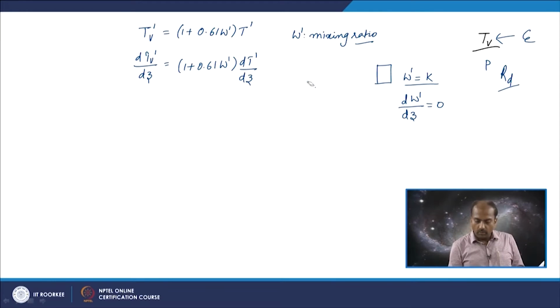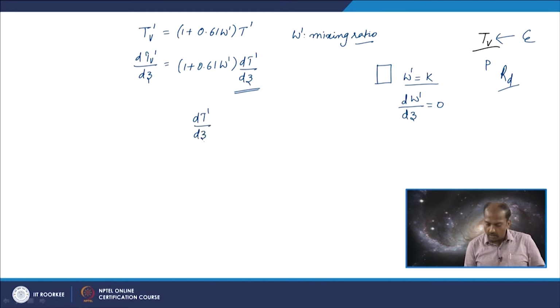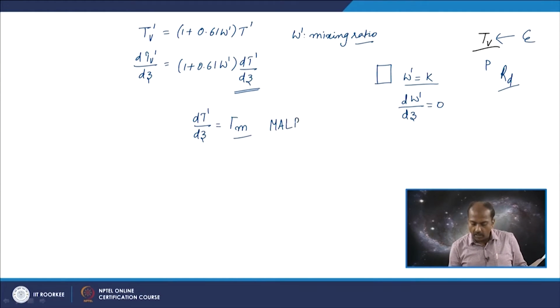So, the rate at which the temperature changes inside the parcel is 0.61 times W prime into dT by dz, right. So, this is the temperature change. If there is moisture inside the air parcel, we know that dT prime by dz, the rate at which temperature changes inside the air parcel, is gamma m. What is gamma m? Gamma m is the moist adiabatic lapse rate, right.